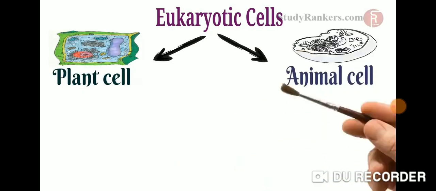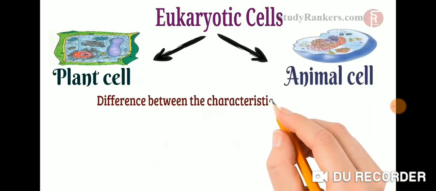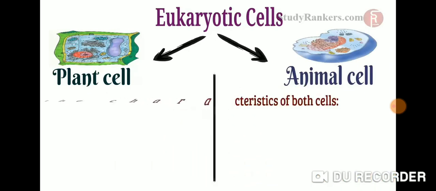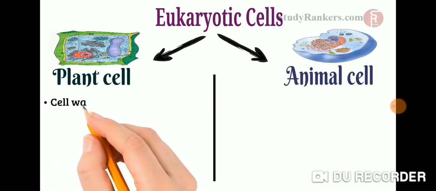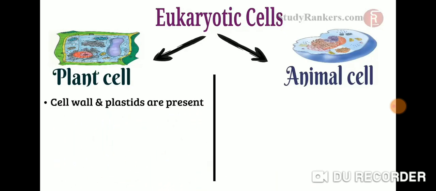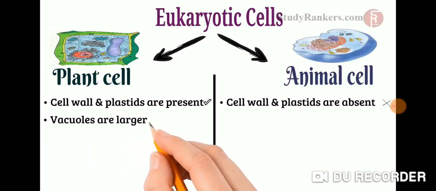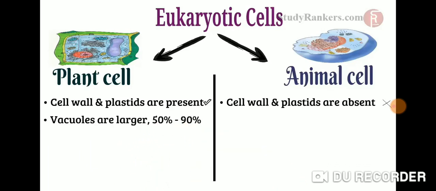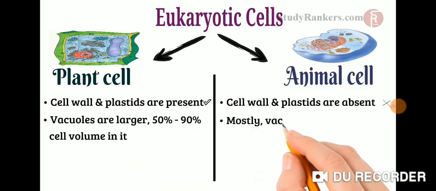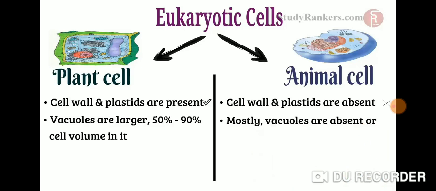Now, we are going to differentiate between the characteristics of these cells. Cell wall and plastid are present in plant cell while they are absent in animal cell. Vacuoles are present and large in size, approximately 50% to 90% of cell volume in plant cell, but in animal cell, mostly vacuoles are absent or small in size.